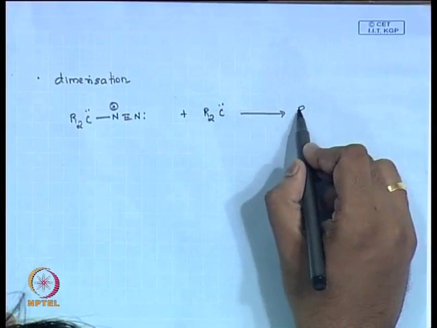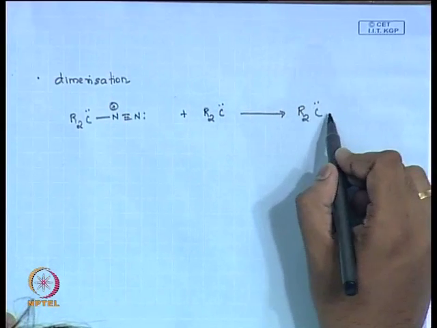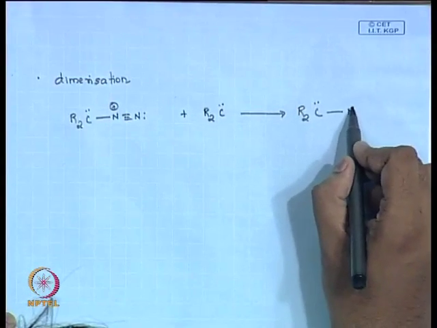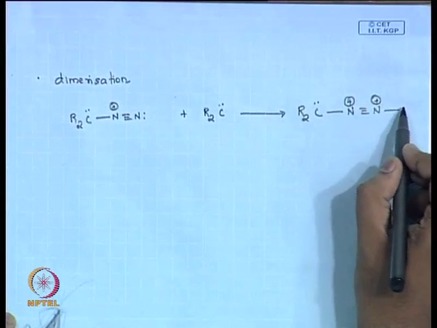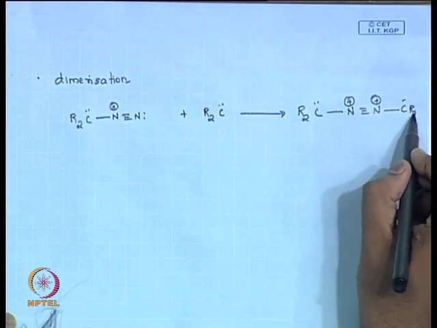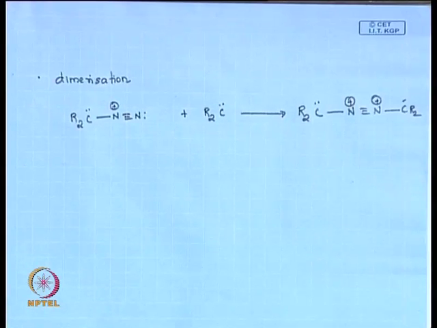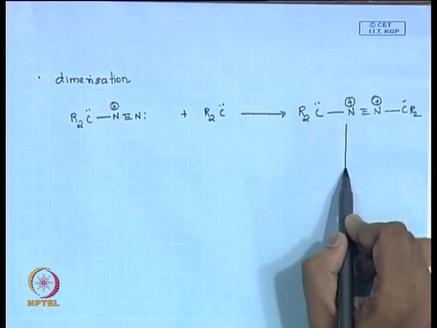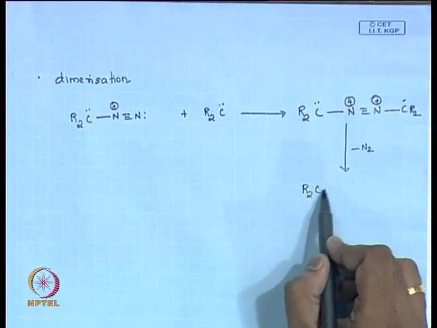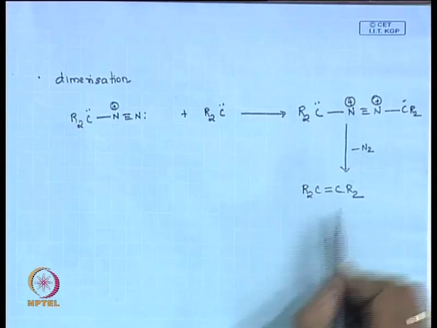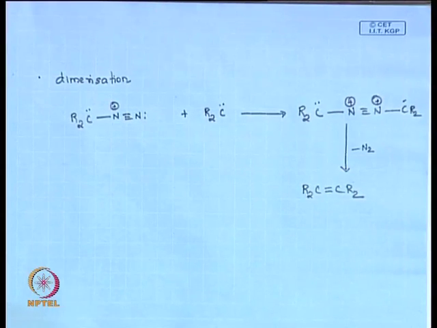It forms a dimer, and this nitrogen goes off, giving this reaction product. That also carbene does.